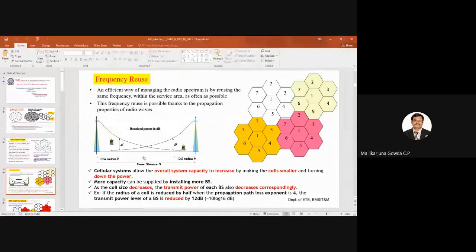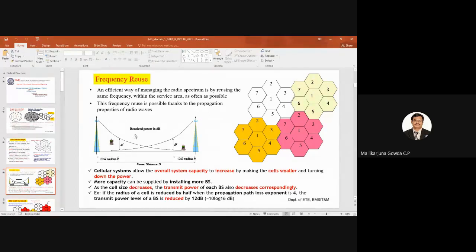So this helps us to reuse the same frequency channels. Whatever I'm using here, the same frequencies can be used in this base station also, as long as they are spatially isolated. So I need to calculate what is the reuse distance, which is why I have written reuse distance here. This is the cell radius, which I denoted by R.